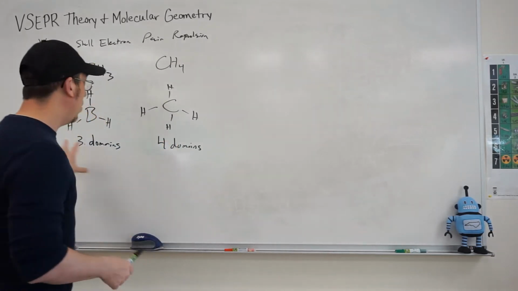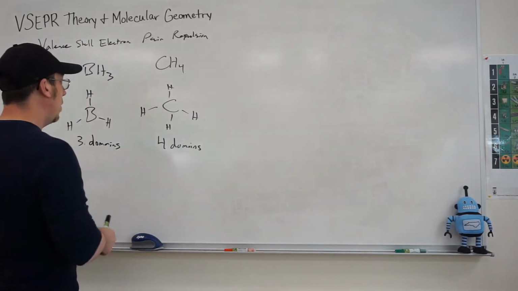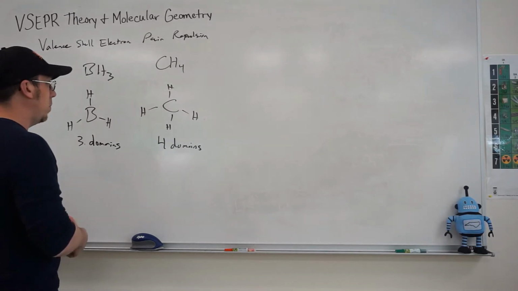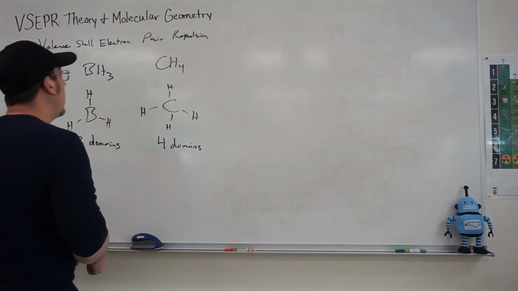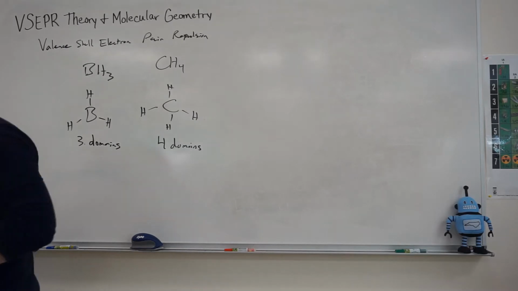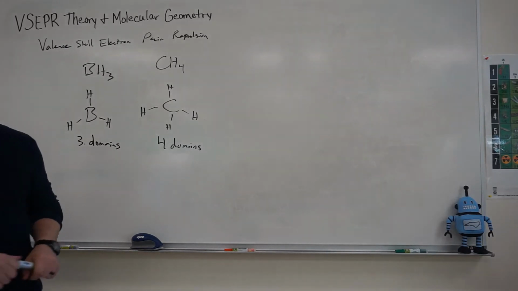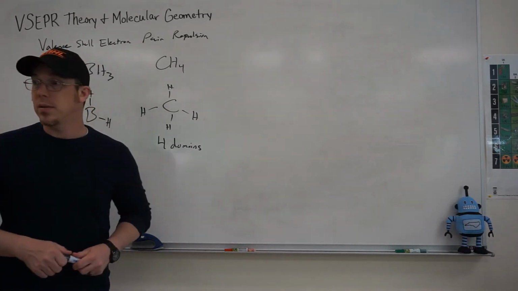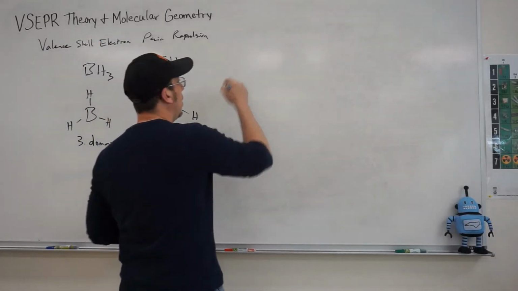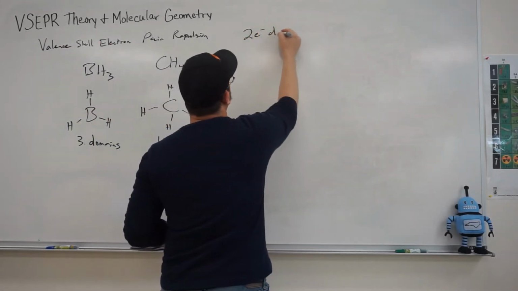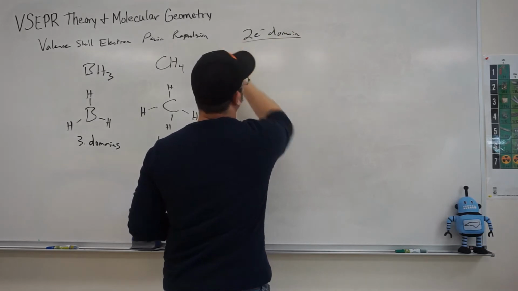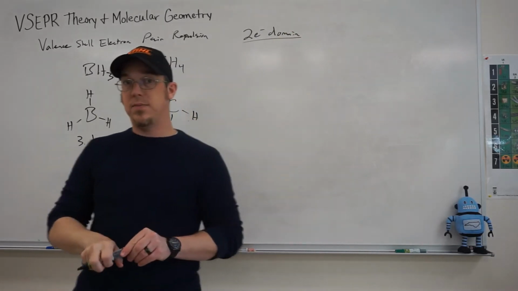The more domains you have, the tighter these bond angles are going to be. There are actually 5 domains that we are going to look at. The first one is the 2-electron domain. These are just shorthand notations as to how to figure this out.